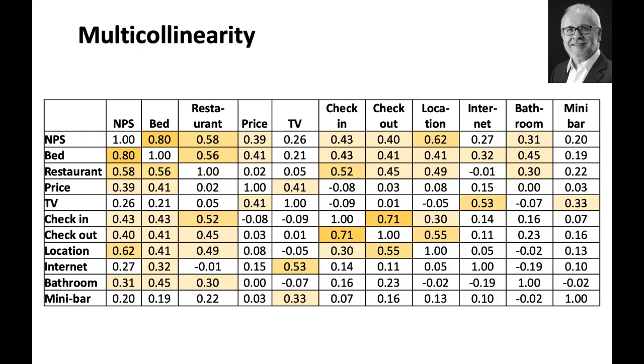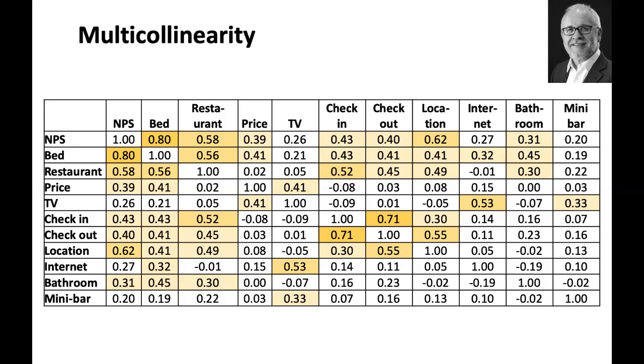That statement we might have had earlier, that the most important thing is the bed, might want to be tempered a little bit if in fact the bed is a shorthand statement for, yeah, the bed, the bedroom, the sleeping, the experience was all fine. And if we look across to about the middle of the table, you get the check-in column, and you'll see there we've got a couple of 0.71s.